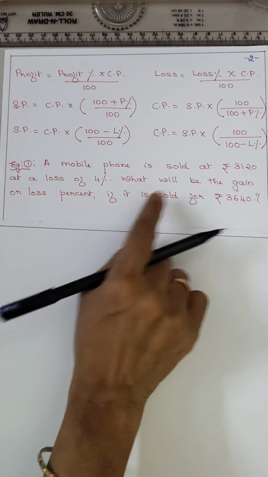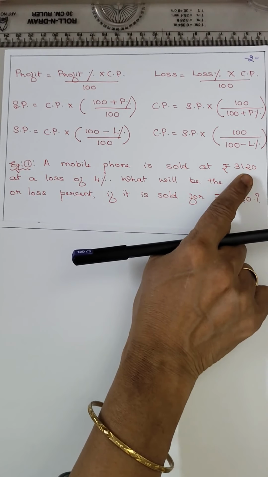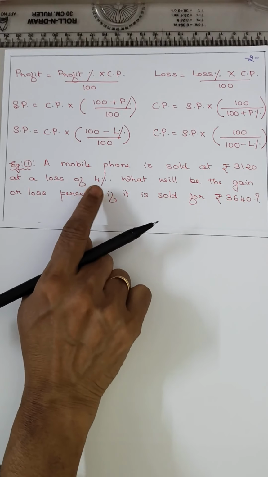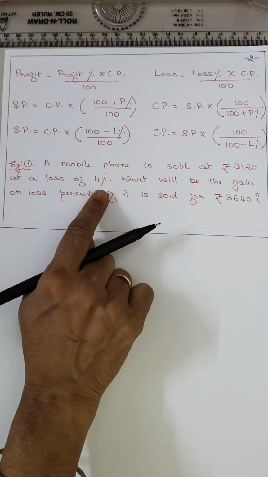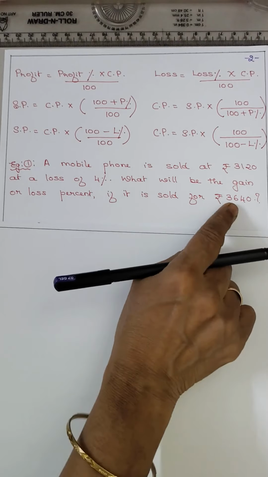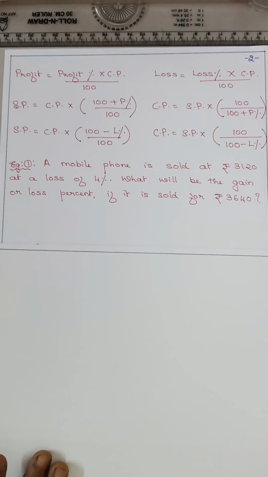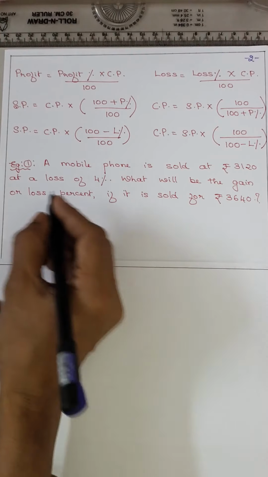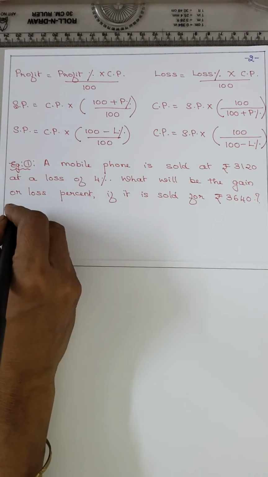So first, taking the selling price as 3,120 and loss percent 4%, you calculate CP and then find out whether it is profit or loss. Is it okay? So first, the sold means SP.